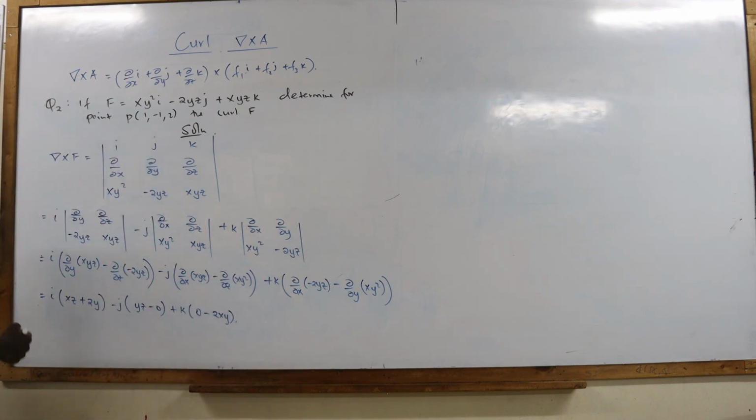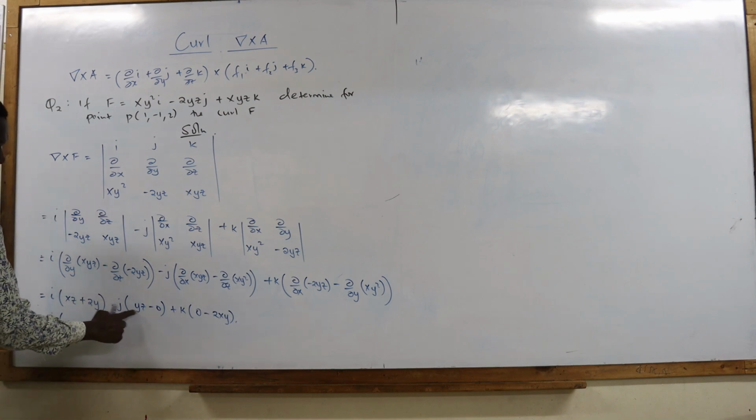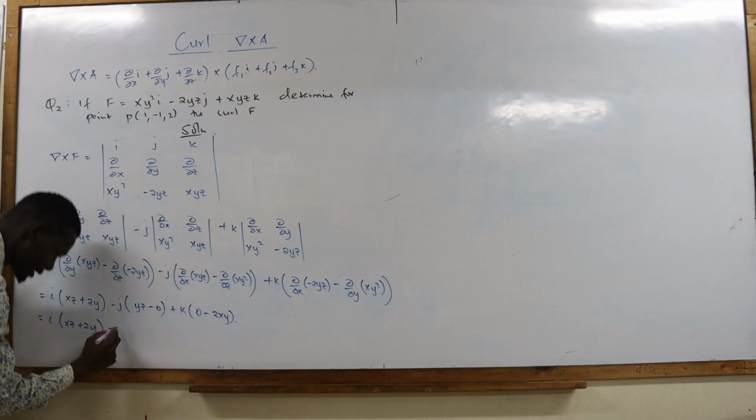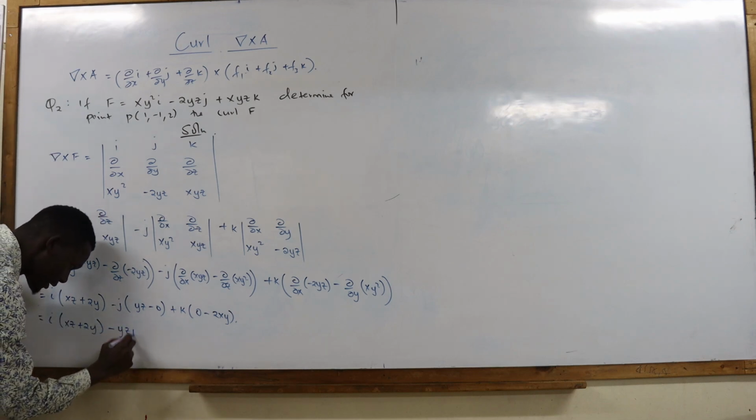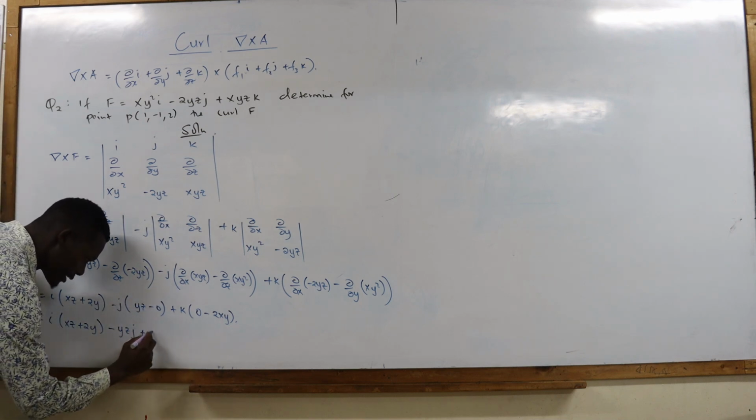Alright, so we can simplify that further. This one is i(xz plus 2y) minus, if I subtract yz minus 0, I just remain with yz, so I'll just have yz j. Then plus k.